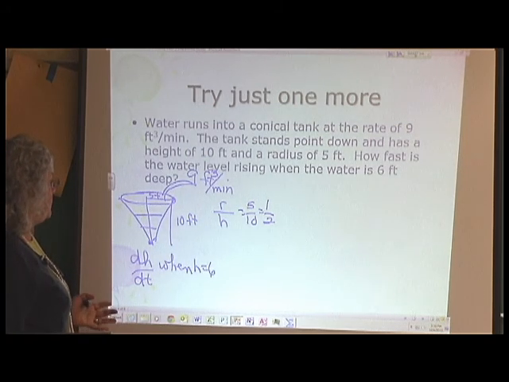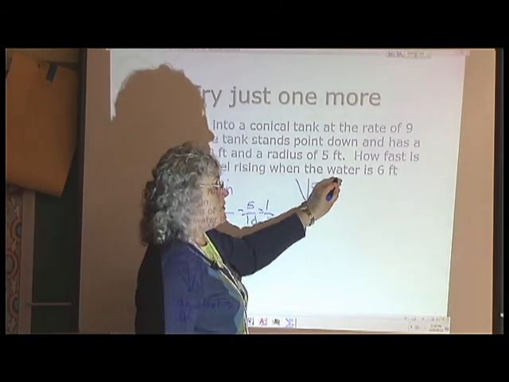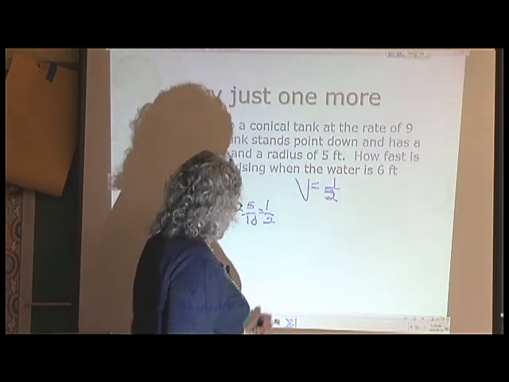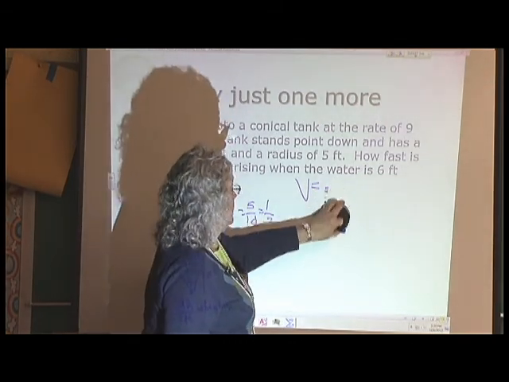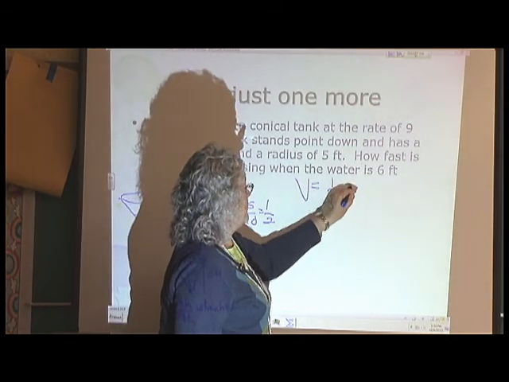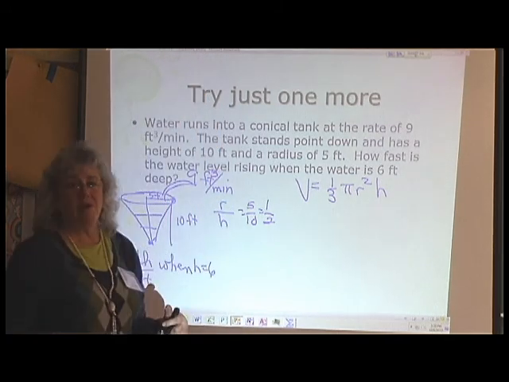So now we have our volume of our cone, which is volume equals 1/3 pi r squared h. Now I have two variables there.